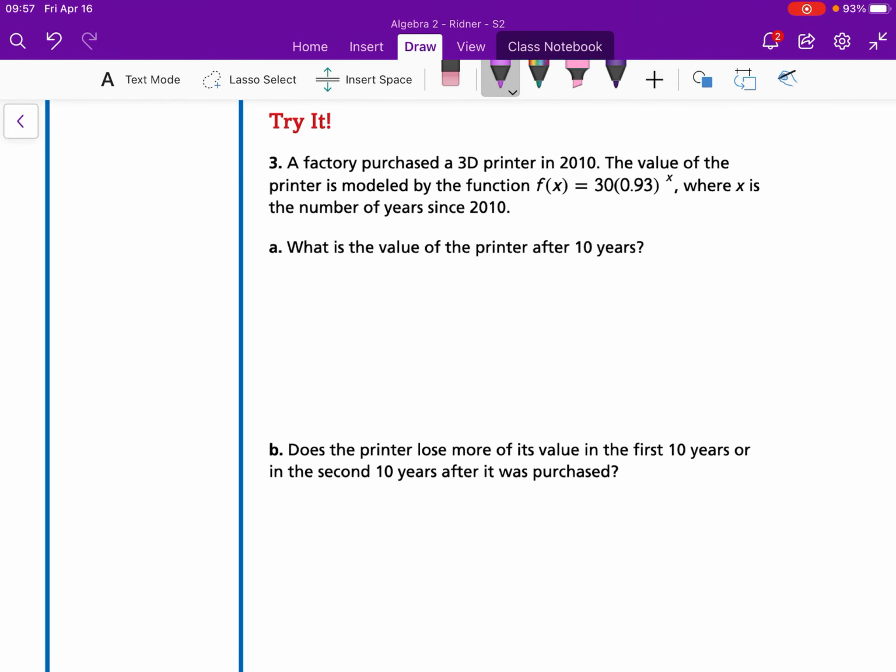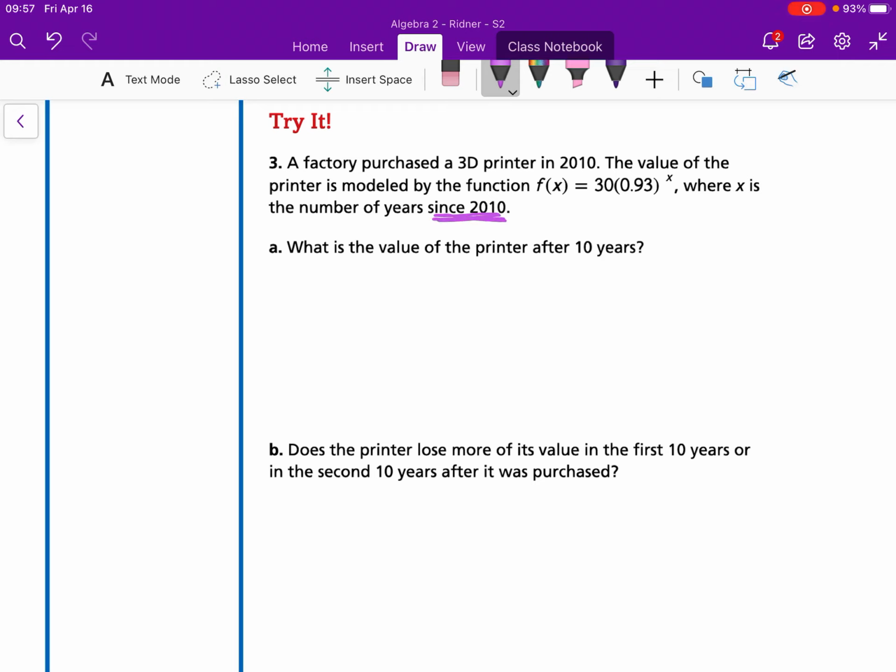Okay, so real world problem, I know it seems scary, but it's not too bad, especially when they give us the function like this. It says a factory purchased a 3D printer in 2010. The value of the printer is modeled by this function where x is the number of years since 2010. I feel like that's the hardest part right here.